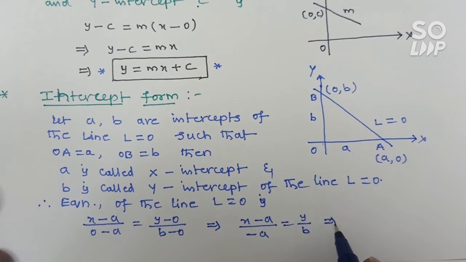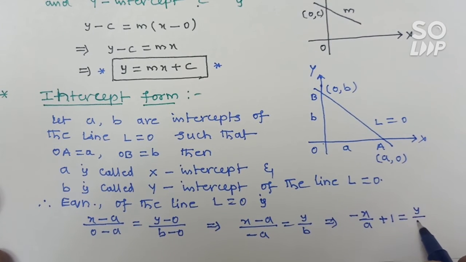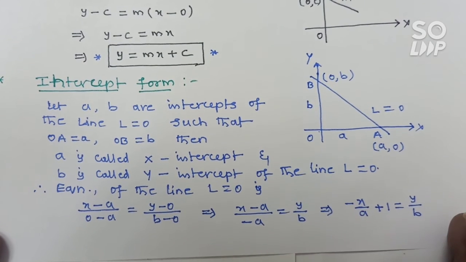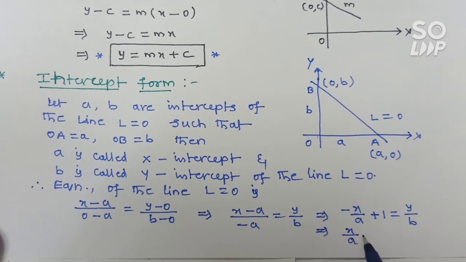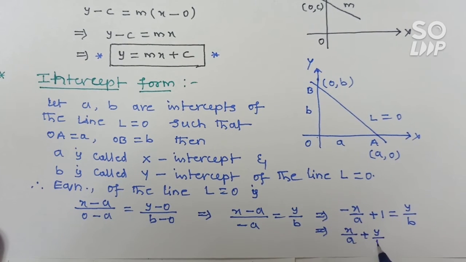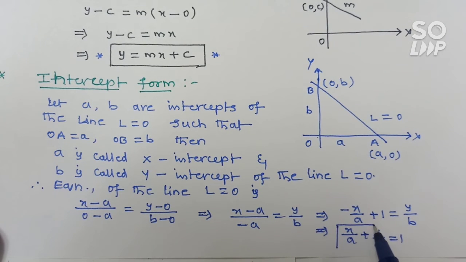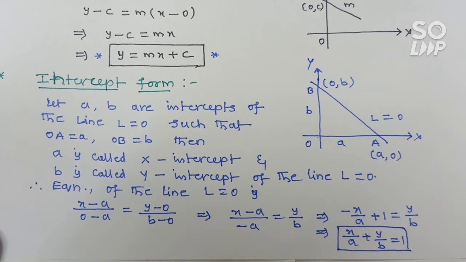Simplifying further, minus x by a plus 1 is equal to y by b. Taking minus x by a to the right side, that becomes x by a plus y by b is equal to 1. So this is the equation of the straight line in the intercept form.